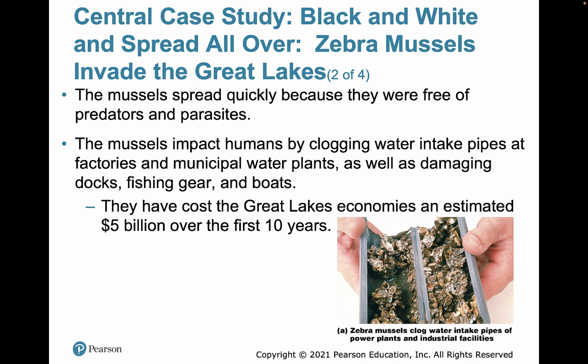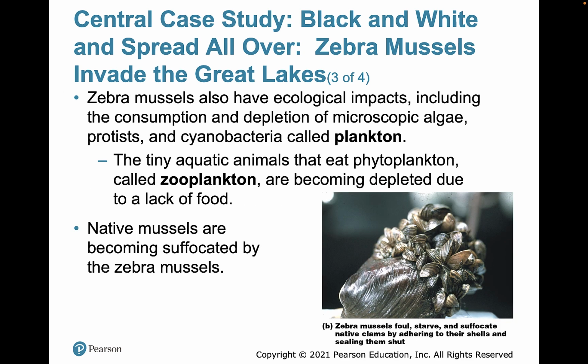One of the big human impacts, they clogged these water intake pipes, like you can see here, which didn't allow for water to come into municipal water plants, factories, anything like that. And it also damaged fishing docks, fishing gear, and boats because they just settled onto anything that they could find that was not moving. So any of those things would be good material for them. They cost the Great Lakes economies $5 billion in the first 10 years.